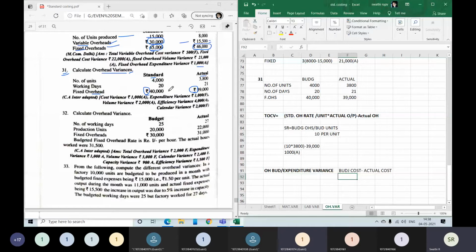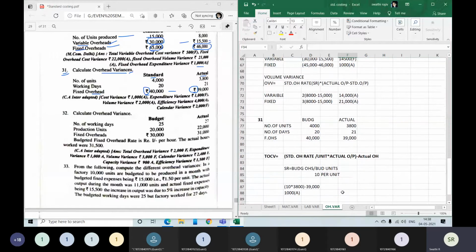It is 40,000 minus actual cost, 39,000. It is given in rupees, cost or overhead, same thing. 1,000 favorable. Expenditure is the easiest, just do it and keep it. Even before cost variance, you can do it, because SR is not needed here. So cost variance done, expenditure variance done. Next one is volume.